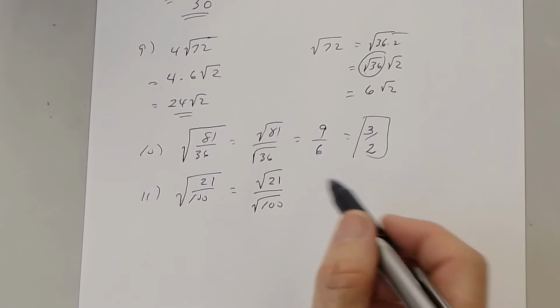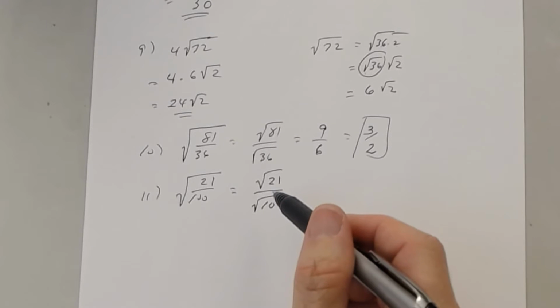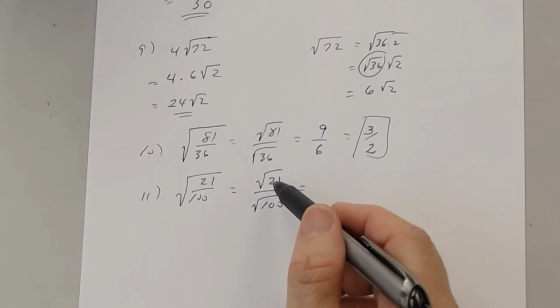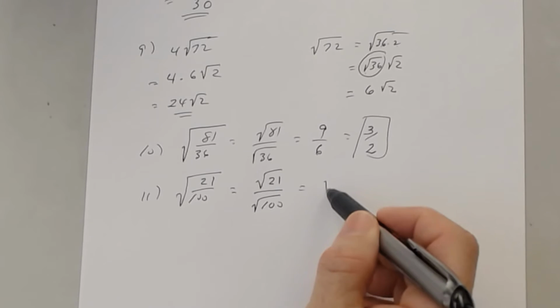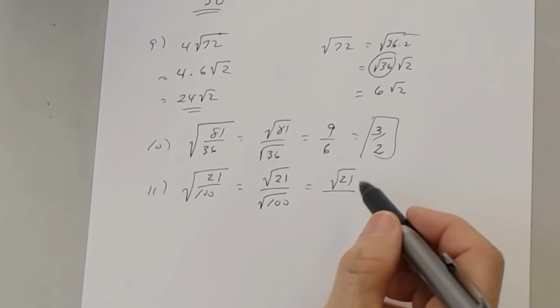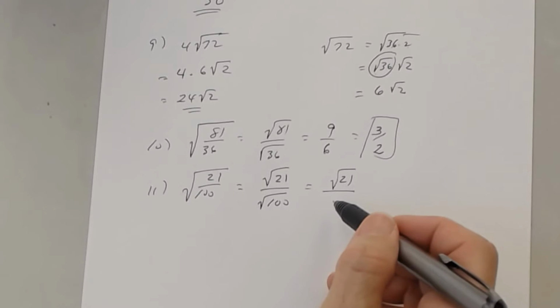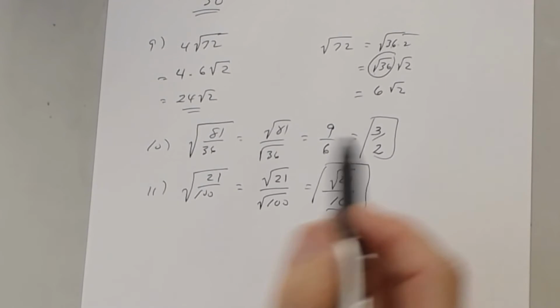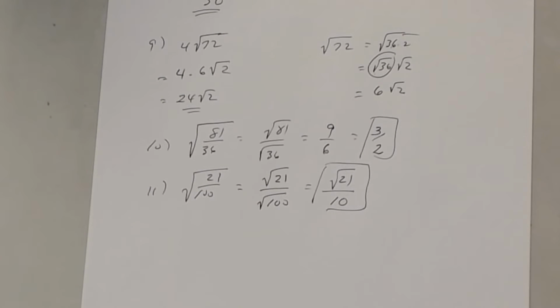Is there a perfect square other than 1 that will go into 21? No. So can I simplify the square root of 21? No, so I'm going to rewrite it. Can I simplify the square root of 100? Yes, because 100 is a perfect square. So here's your answer: the square root of 21 divided by 10.